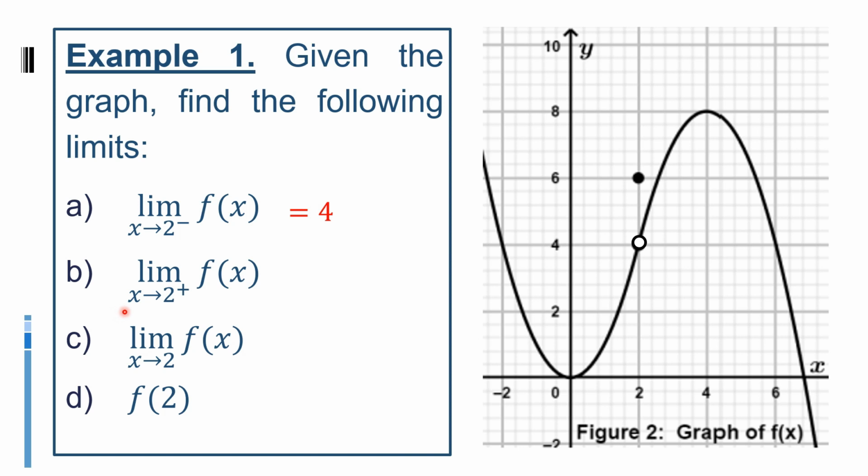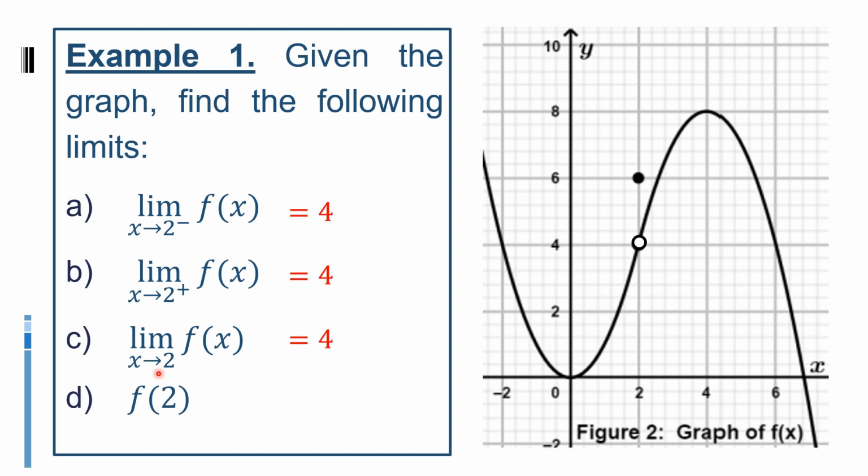The limit as x approaches 2 from the right of f of x, tignan naman natin yung right values or yung values greater than 2, saan naman siya papunta? That is at 4. So we have the limit as x approaches 2 from the right of f of x is equal to 4. Since the left and the right hand limits are equal and both are equal to 4, then we say that the limit as x approaches 2 of f of x is equal to 4.